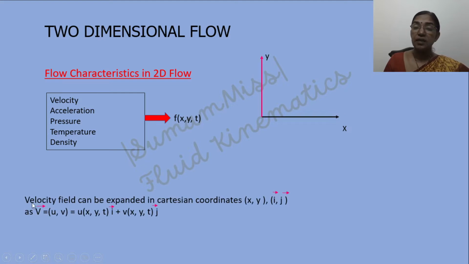So velocity has the component u in x direction and v in y direction. The velocity vector can be represented as V equal to ui plus vj, where i and j are the unit vectors in x and y direction respectively.